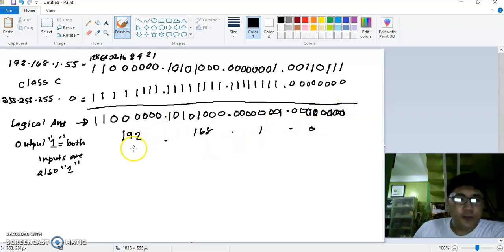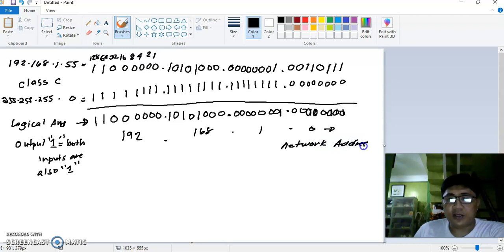So therefore, our network starts from this IP address. This is called your network address.